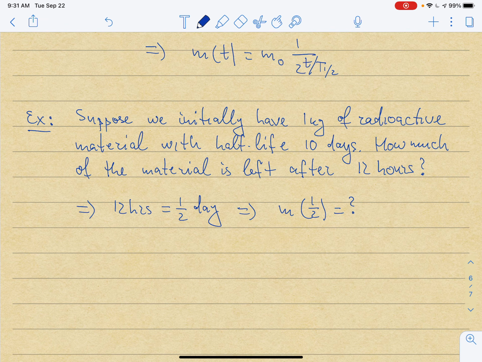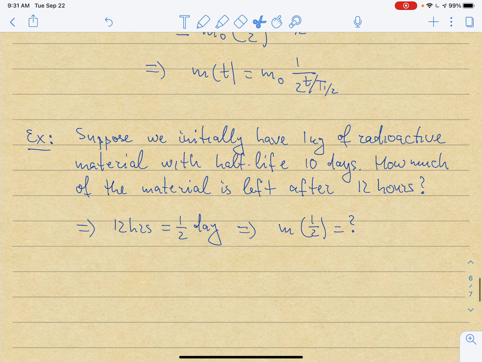And really, there is not much to do because I know that m of t is given by this formula. If I am using half-life, then I know that m of 1/2 must be equal to 1 over 2, t is 1/2, and half-life is 10. So we have 1 over 2 to the power 1 over 20.